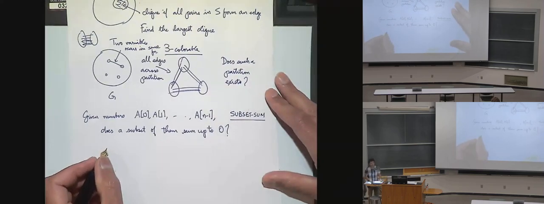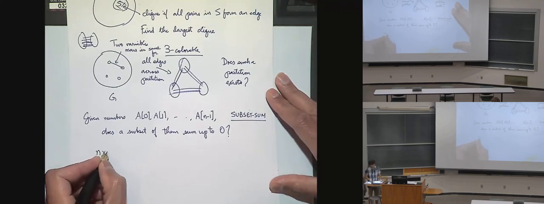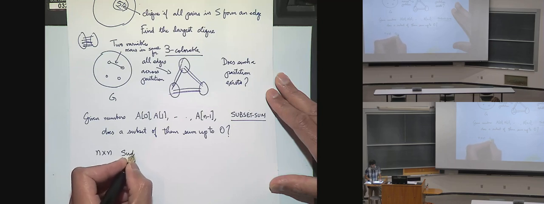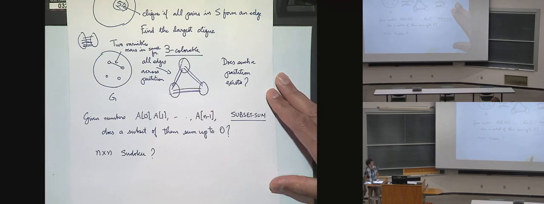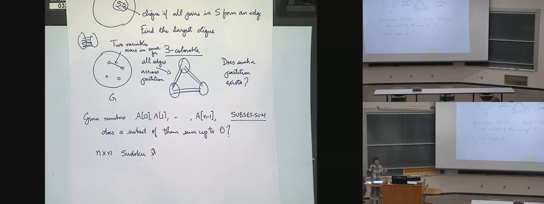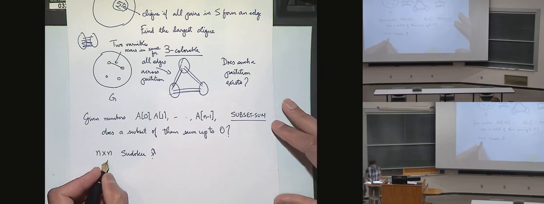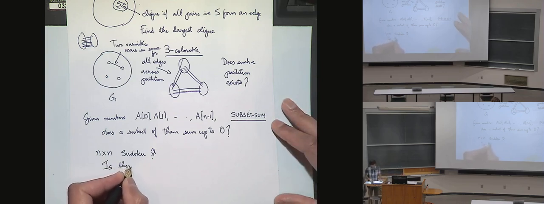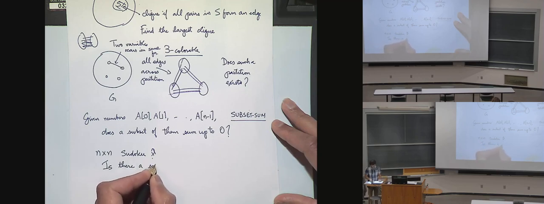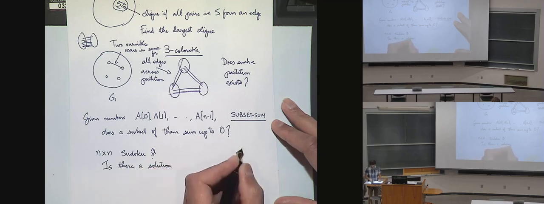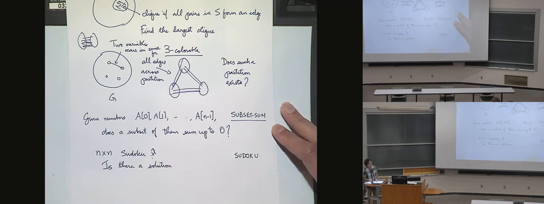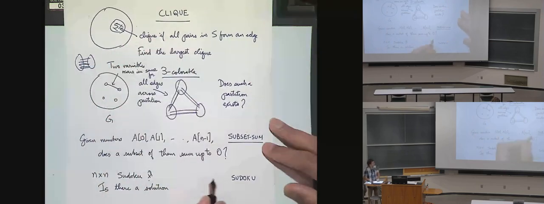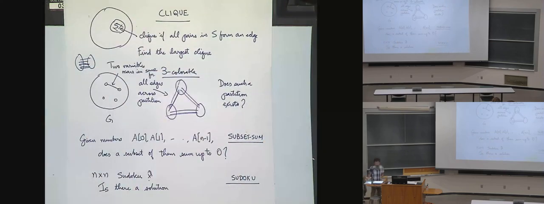I'll give you another problem that you've probably seen, which is just n times n Sudoku. Okay, what is n times n Sudoku? It's just Sudoku with n cross n. Right? And I can ask, is there a solution? So this is Sudoku. So all of these problems, they are in NP.